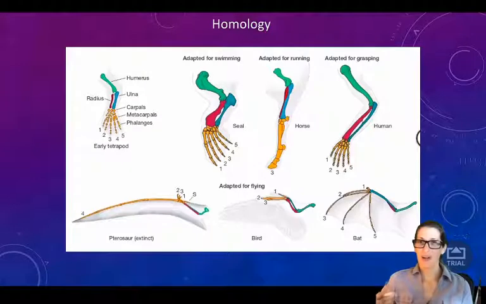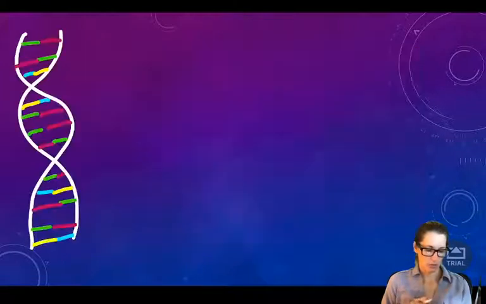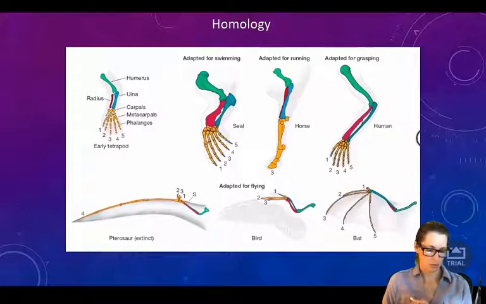A really important concept when we're thinking about characters and character states, and a wildly important concept in evolution that I've mentioned before, is the concept of homology. To define homology, looking at each of these structures, and we've seen this image before.